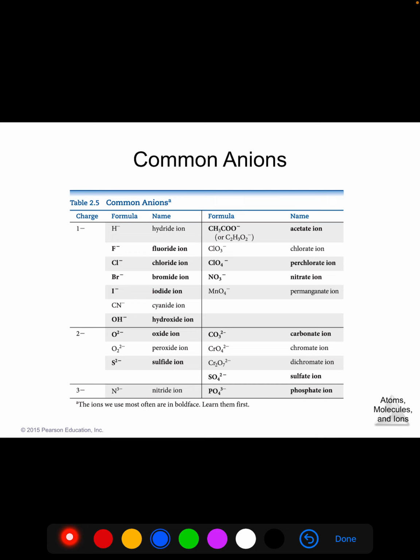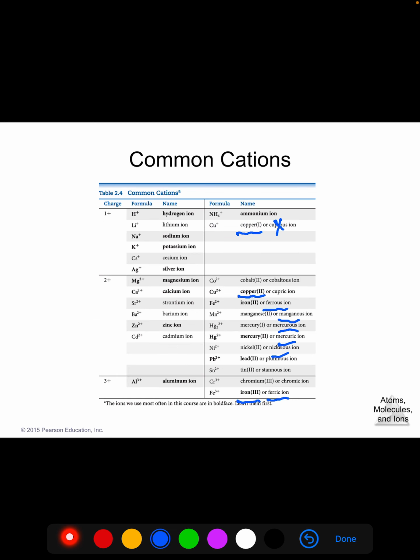And then you'll notice we have a new class of ions. Not new because I didn't mention one. Occasionally, we have some ions that are made up of many atoms, called polyatomic ions.